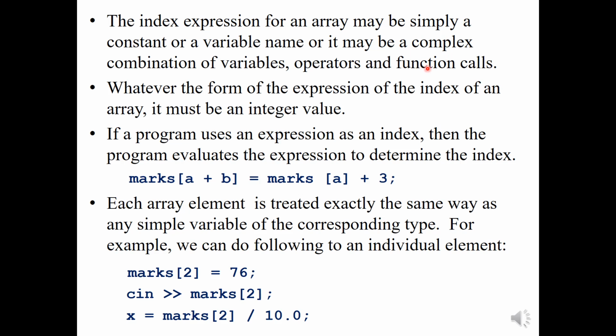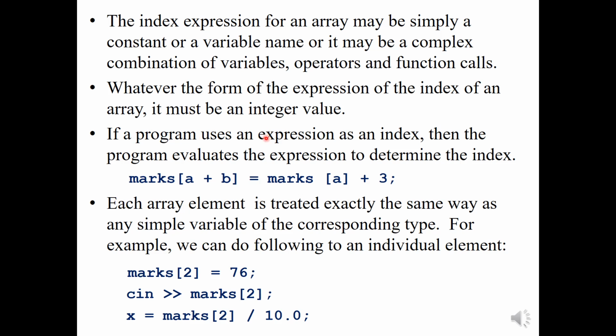So you can have either a variable name or a constant or a combination of those in the expression part. But whatever is the form of expression, it must evaluate to an integer value. The outcome of this expression has to be an integer value. If you are using a variable name, then the value of this variable should be an integer value. So that is what you should remember all the time.